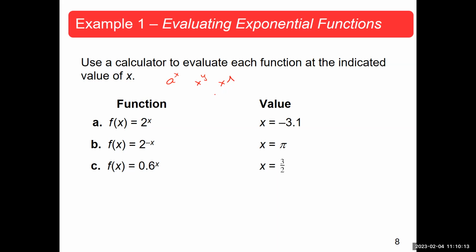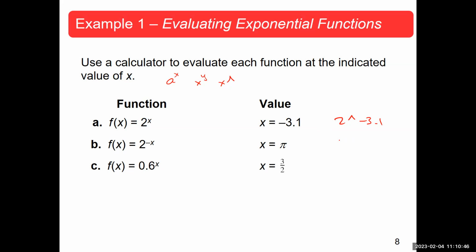So we need to try this function. Find the value of 2 to power x, where x equal negative 3.1. So basically, in your calculator could be looking like this: 2 up caret negative 3.1, something like that. Then you get the number.